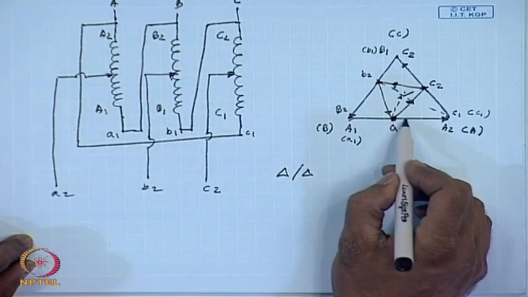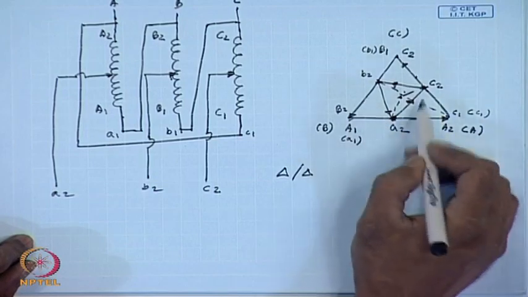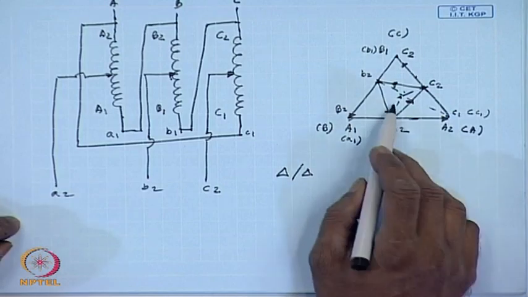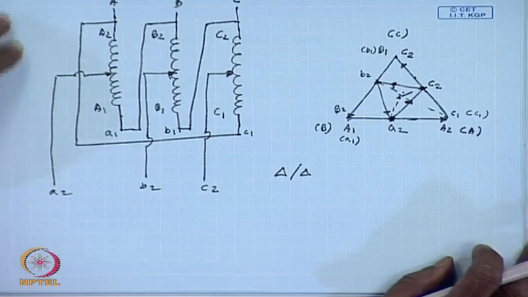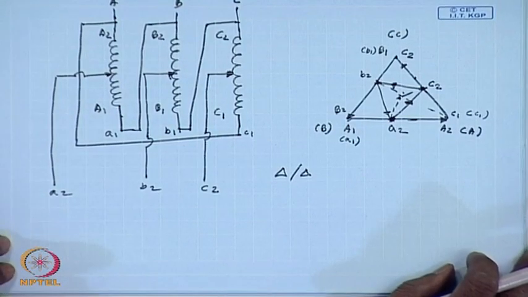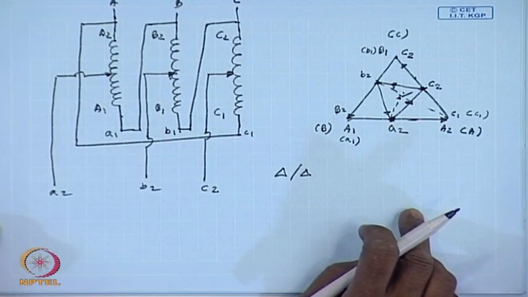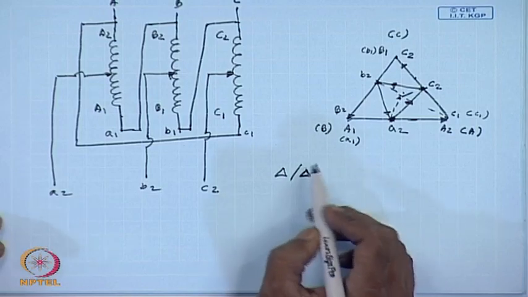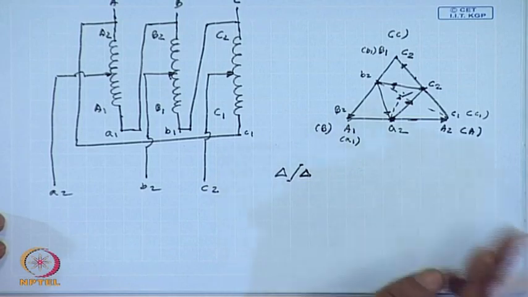Therefore, if we change this tapping, this inner triangle will rotate. Hence, the angle between the line to neutral voltage phasor of the LV side and that of the HV side will depend on the voltage ratio. So, this is one characteristic of delta connected 3-phase auto transformer.